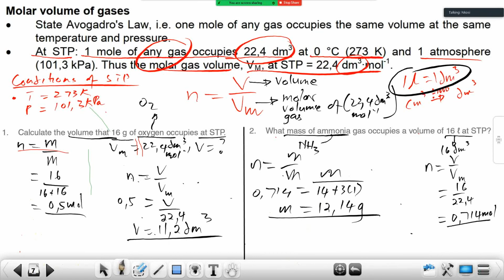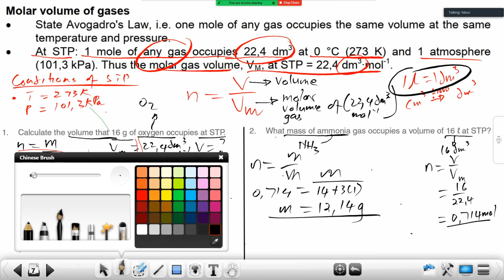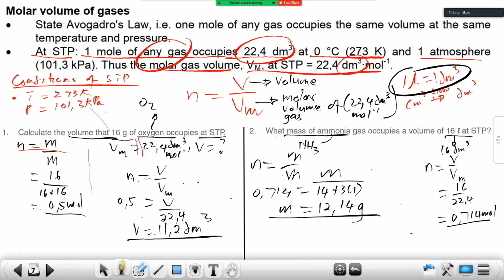So to the person who asked whether it is necessary for us to show all the steps: yes, it's needed. If I was sitting somewhere trying to mark you, I will give you 1 for the correct formula, 1 for this particular substitution.